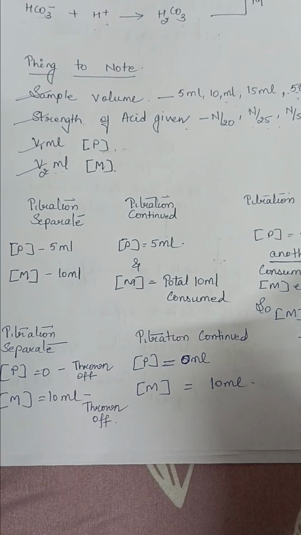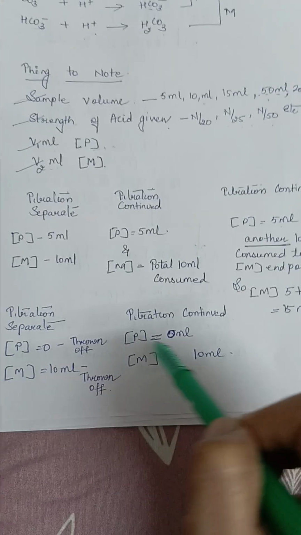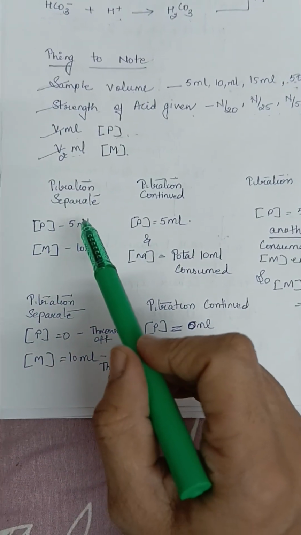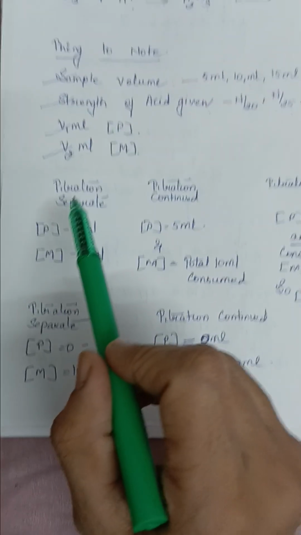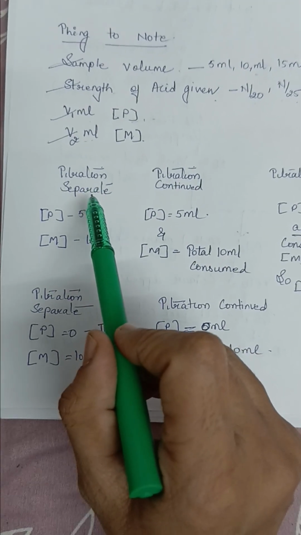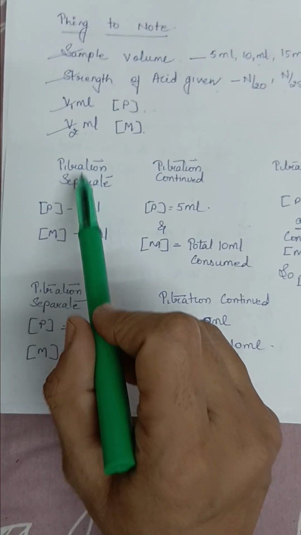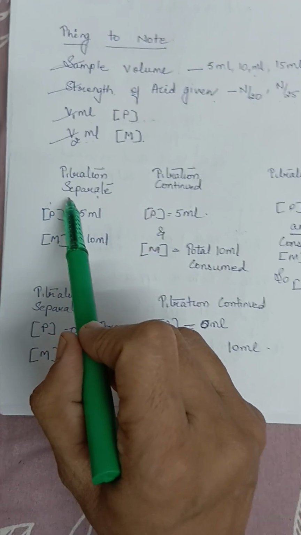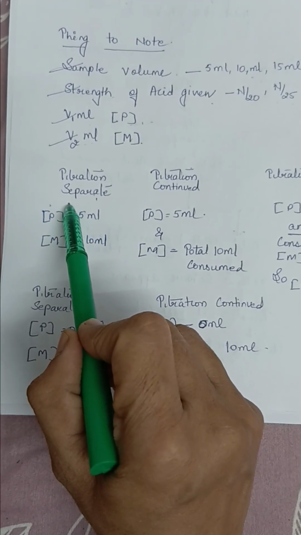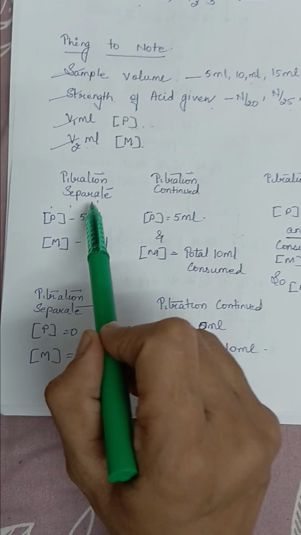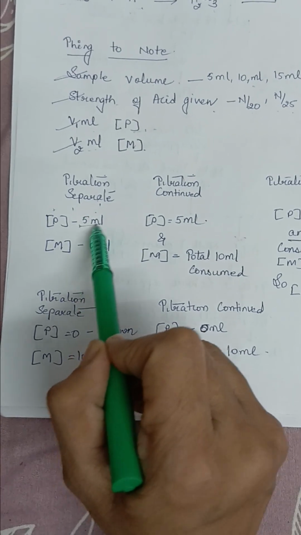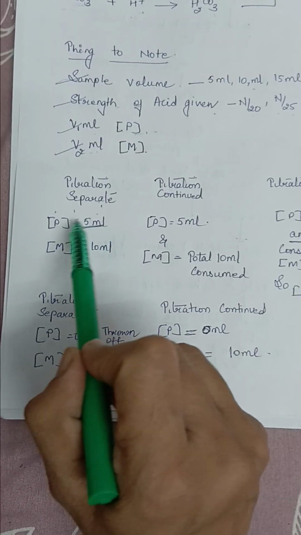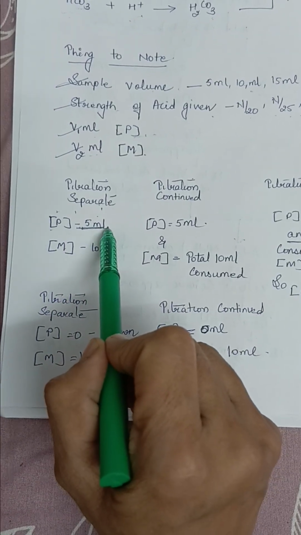There can be a lot of manipulation in the language of the numerical, where we can be twisted around. The language can specify that the titration was done separately. It means a water sample is taken, phenolphthalein indicator is added, pink color appears, and the total acid consumption till the phenolphthalein endpoint is 5 ml.